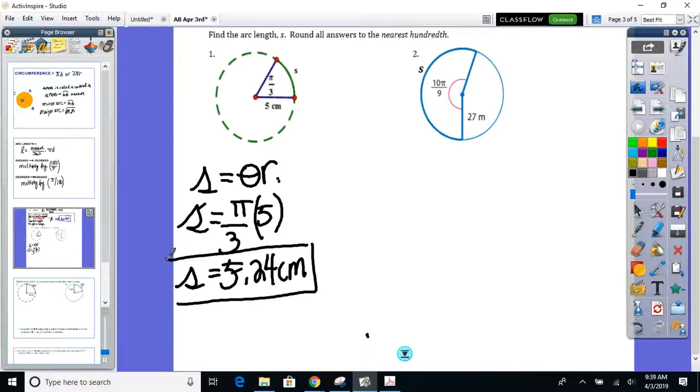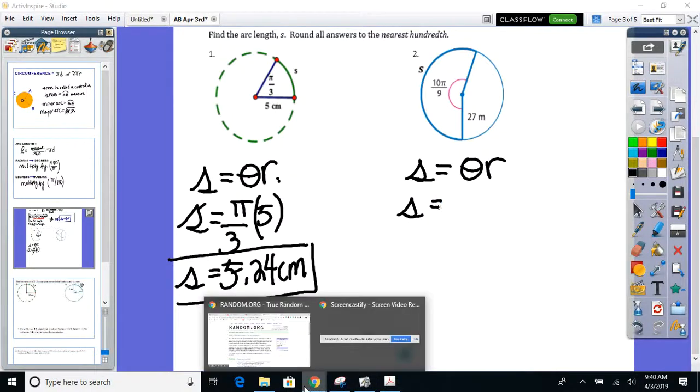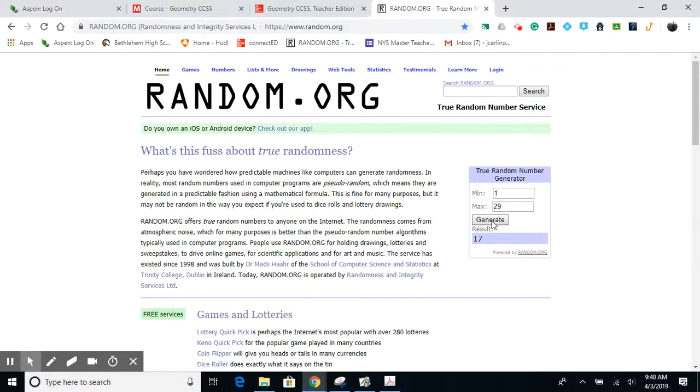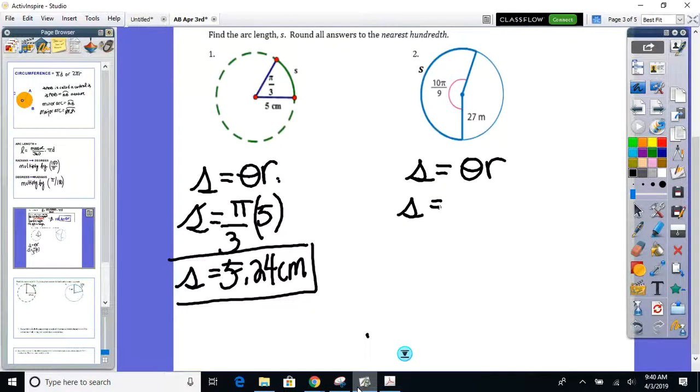Next one, finding S. What's the angle in, radians or degrees? Radians, so S equals theta R. What's the angle measure? 10 pi over 9, times the radius of 27.